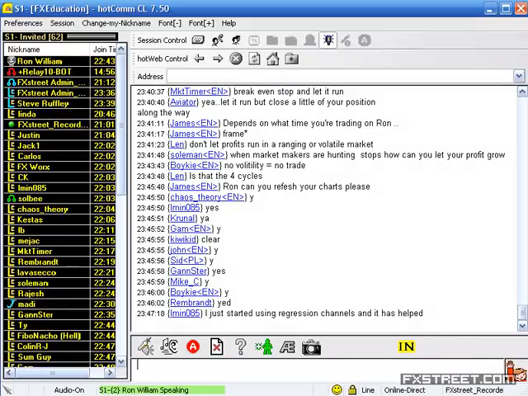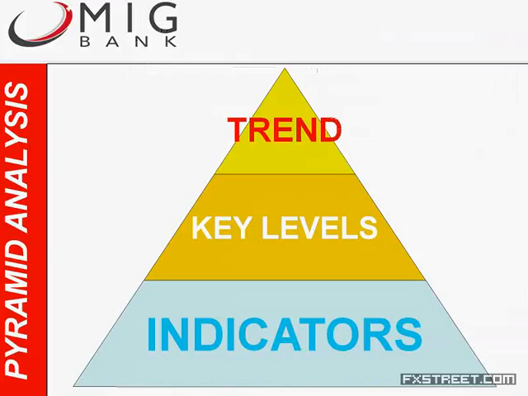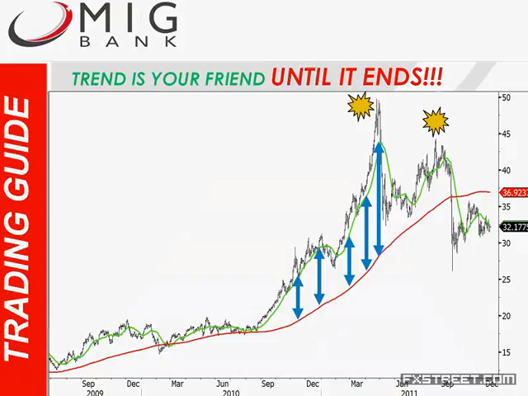Now, I'm going to quickly explain the pitfalls of some of these areas, trend analysis, key levels, and indicators in a volatile market. So think top-down analysis, pyramid. The most important part of the pyramid is the top part, trend analysis, cycle analysis, then key levels, and then indicators.